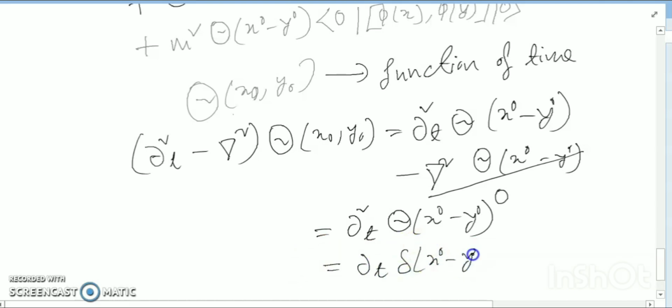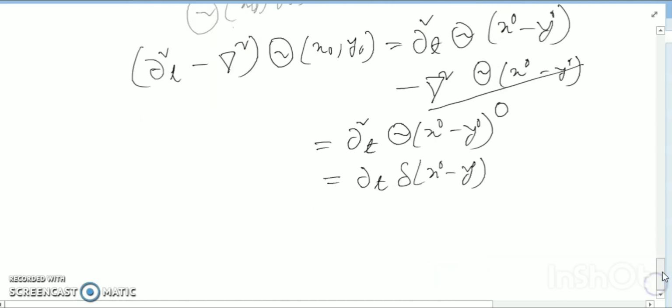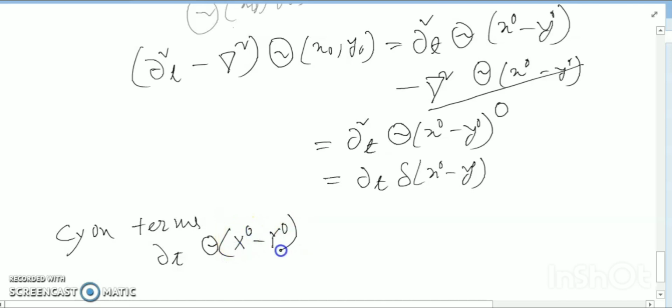Now I go to the C terms. I discuss the C terms. The C term is del t capital theta (x0 minus y0) times del t, which is the vacuum sandwich.